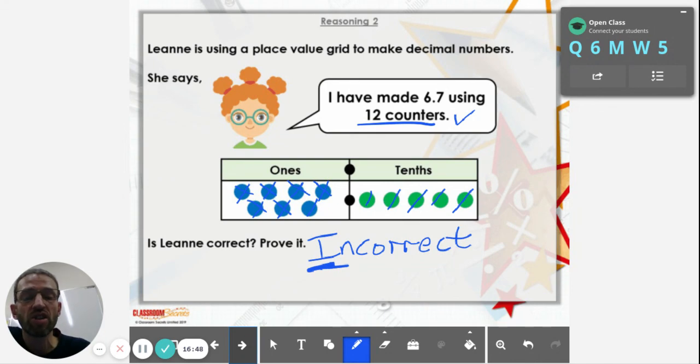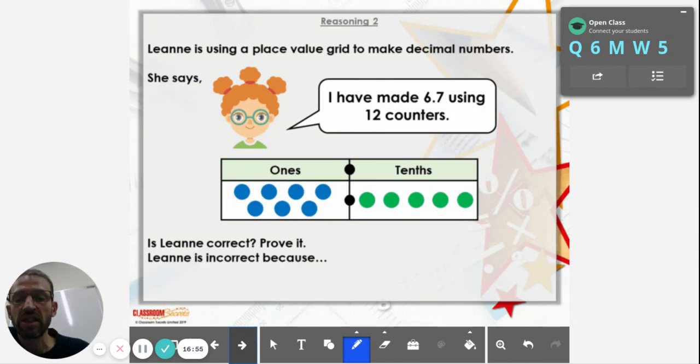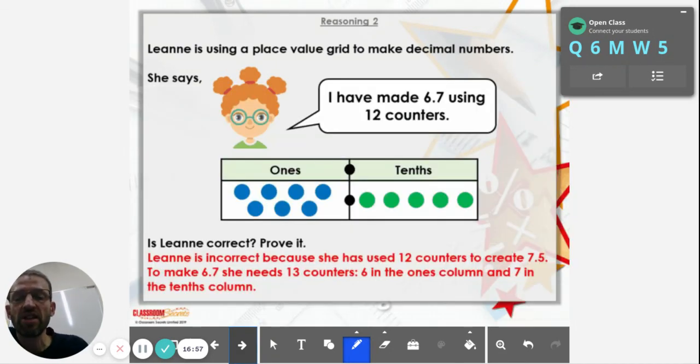Instead of correct, correct being the root word, I now have incorrect, and I need to prove it, and the proof is that she is incorrect because she has used 12 counters to create 7.5. To make 6.7, she needs 13 counters, 6 in the ones and 7 in the tenths. So that's the sort of sentence we're looking for in your workbooks.